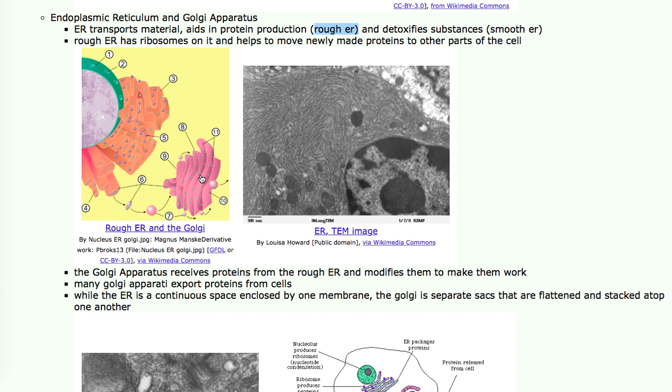Turns out proteins are really complicated, and the ribosome can put them together. In other words, it can string amino acids together, but it cannot finish their three-dimensional shape. That's what the Golgi's for. So the Golgi, it's sort of like pasting little pieces of paper together to make strings, and then you pass that string to somebody, and then somebody takes the string and folds it in and creates knots out of it, and then makes a nice looking shape out of it.